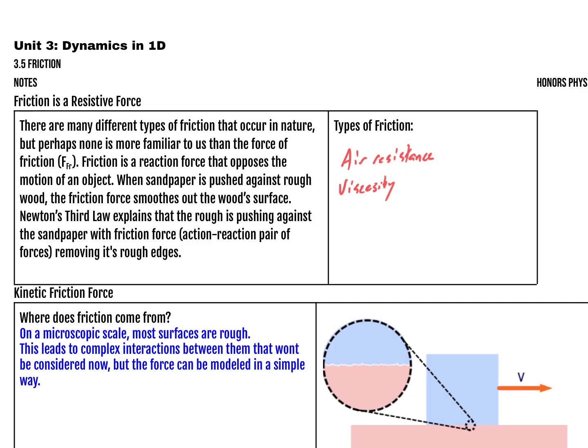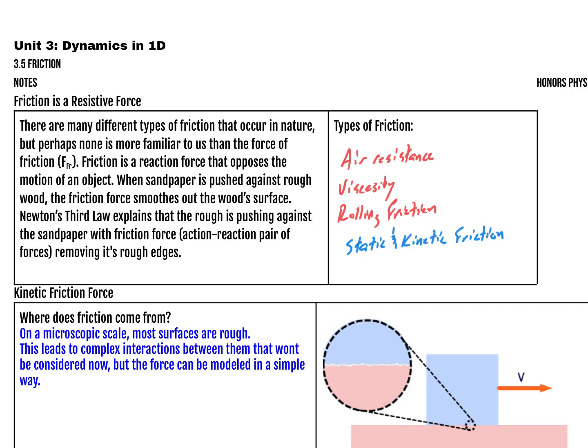So viscosity can be considered friction. And then we have rolling friction. That helps stop things. What we're going to be dealing with is static and kinetic friction. And those will be the main drivers of our conversations.